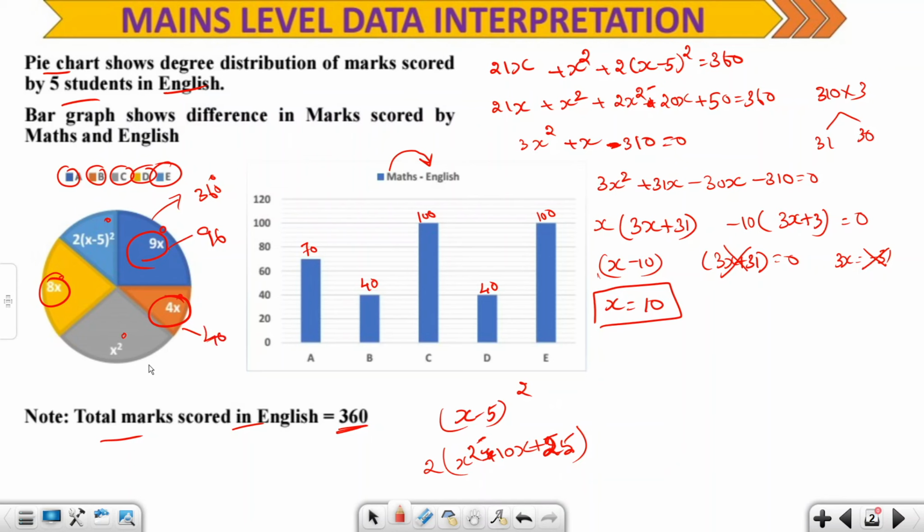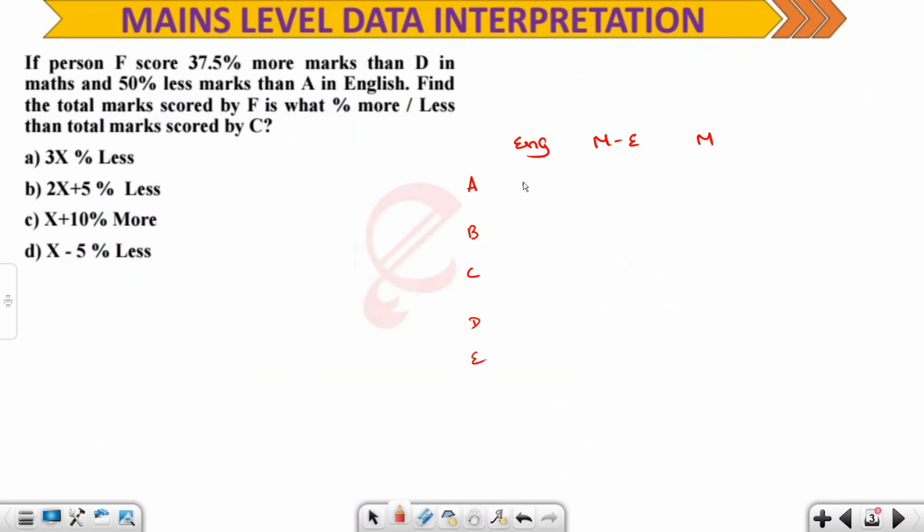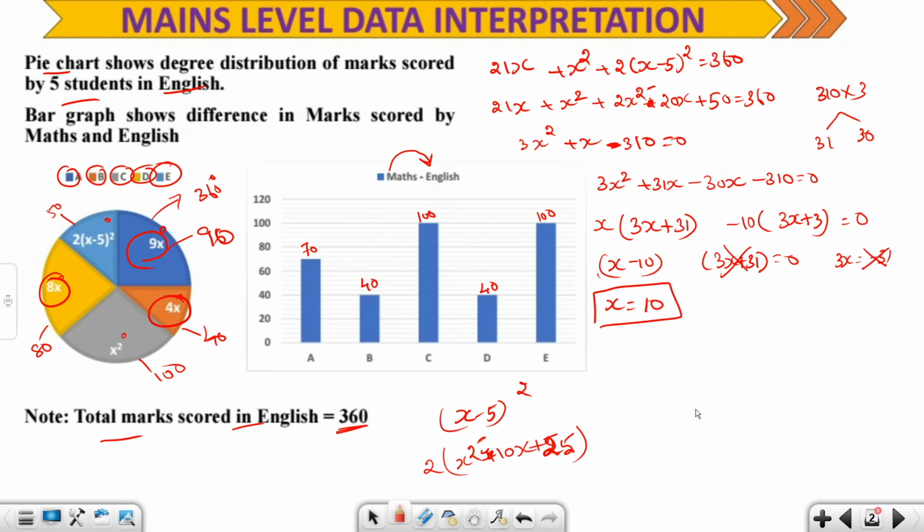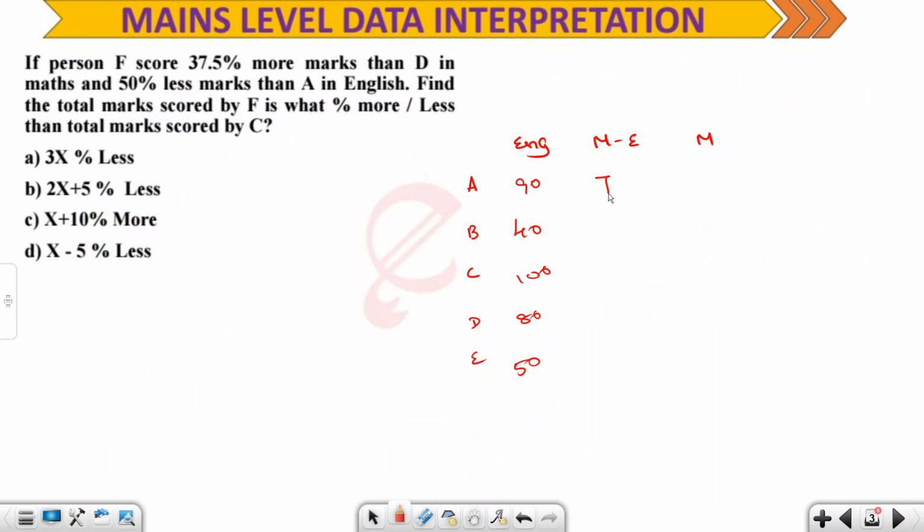Next 40, next 100, next 80, next 50. So 90, 40, 100, 80, 50. Next, the difference: 70, 40, 100, 40, 100.